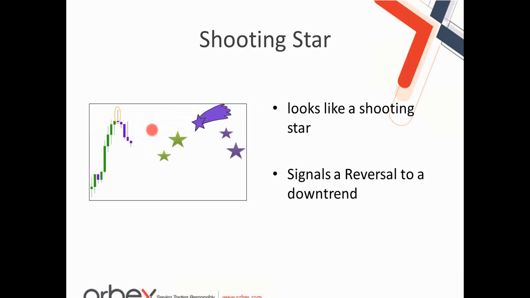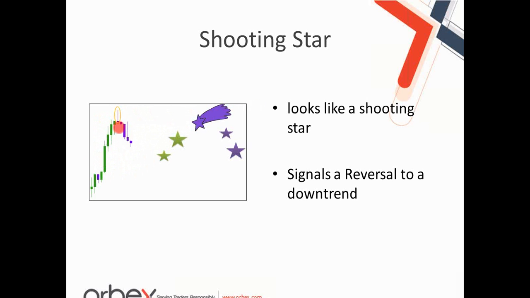Once again, I'm going to repeat myself. What happened here? The market was going up in confidence. It's going up, and then when it gets to this price, which for example is a key resistance level, the market cannot break above it.